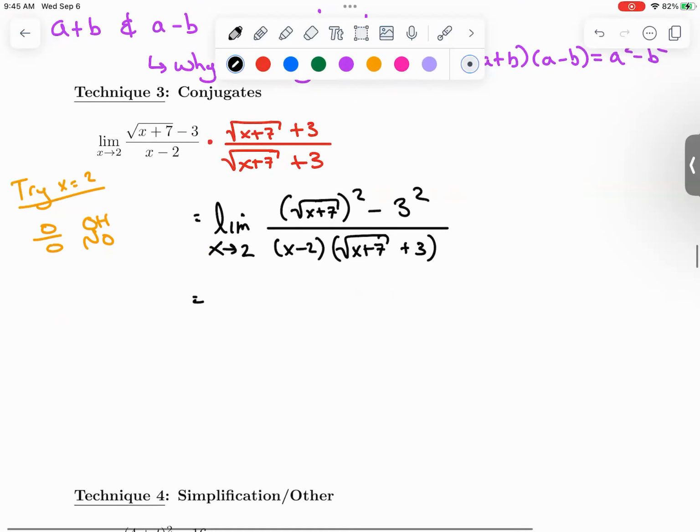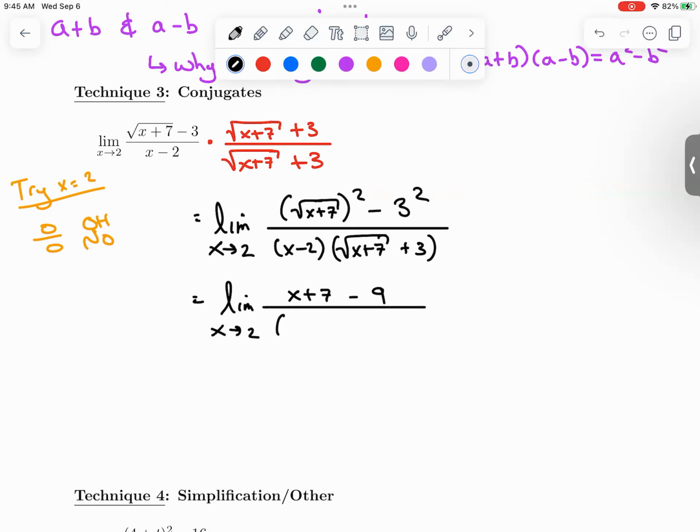So this becomes the limit as x approaches 2 of (x plus 7 minus 9), all divided by (x minus 2) times (the square root of x plus 7, plus 3). So what I would ideally like you to do is write that step in red that we did up top, and then just immediately go down to here.